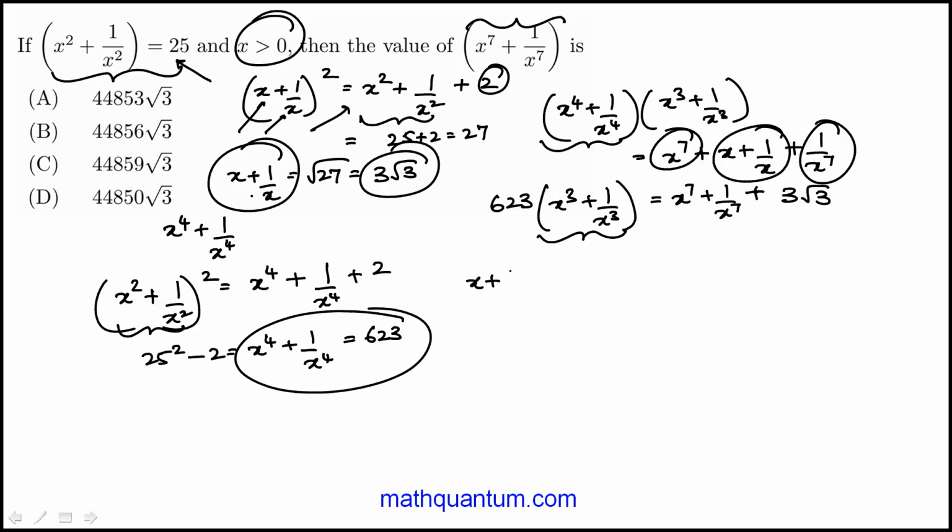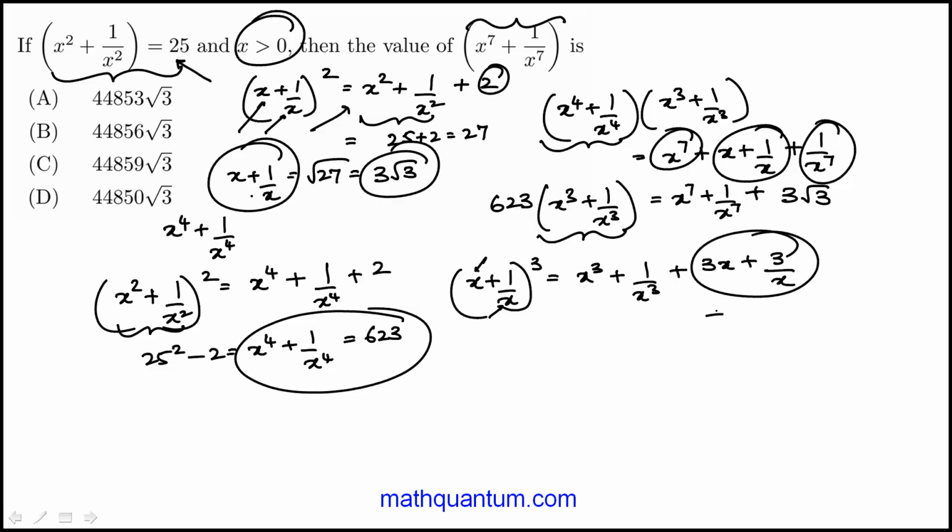And this is where you will use this identity. And this is what makes this question hard, is you have to use multiple identities. So if you use the identity for the cube, this will become x cubed plus 1 over x cubed plus 3 times the square of that times that, which would be 3x, and then 3 times the square of that times that, which would be 3 over x.